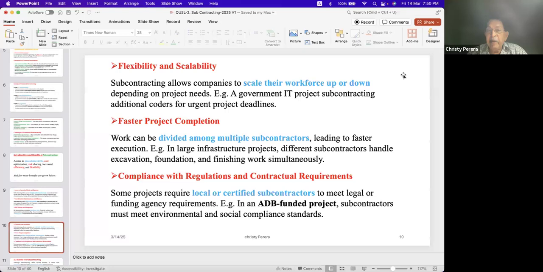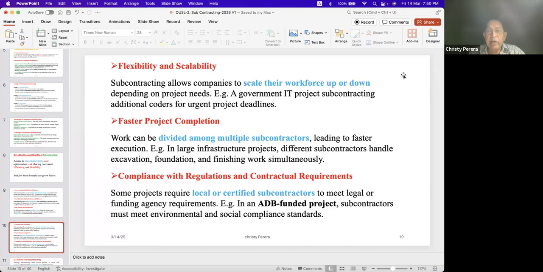But we must remember there are some limits. That is called limitation of subcontractors. It will come. So, faster project completion. Sometimes the main contractor thinks my work is getting delayed with my people, so I want to put in extra people, an extra company, according to the limitations, right?